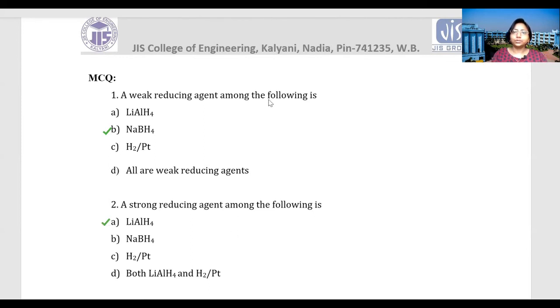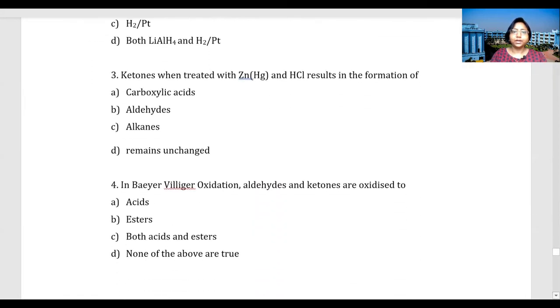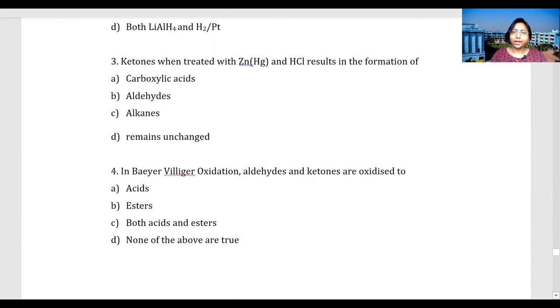Okay, so next, look at the next question. What is question number 3? The ketone when treated with zinc amalgam and HCl results in the formation of which one? Carboxylic acid, aldehyde, alkane, or remains unchanged.